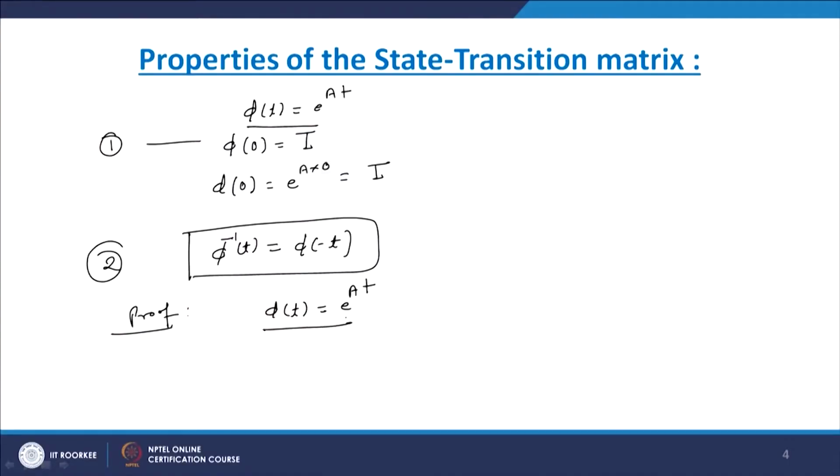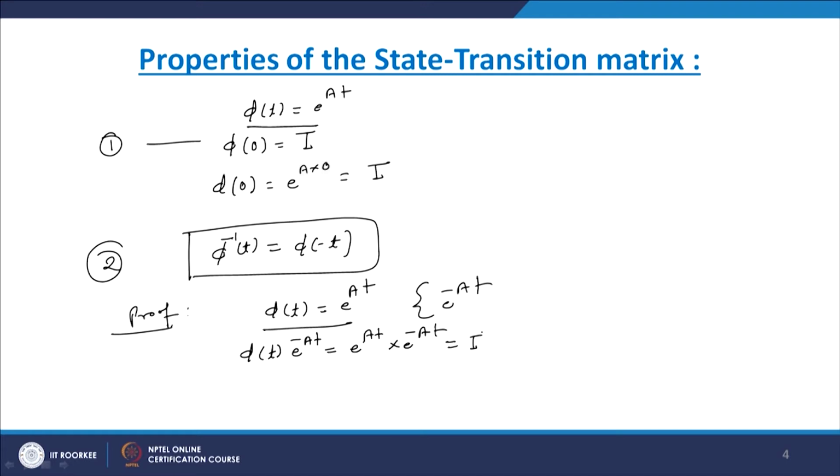Through this equation we post multiply by e raised to minus a t. After post multiplication, what will we get? We will get phi of t times e raised to minus a t equal to e raised to a t into e raised to minus a t. That is, phi of t multiplied by e raised to minus a t, and here e raised to a t multiplied by e raised to minus a t gives the identity matrix.